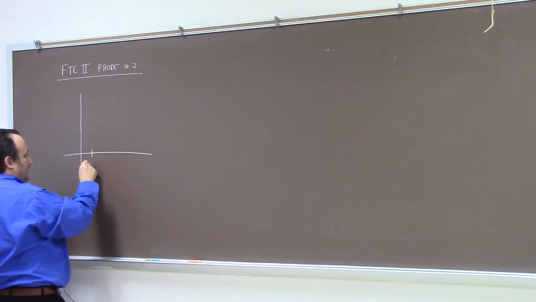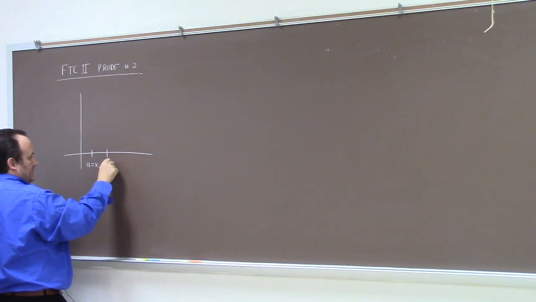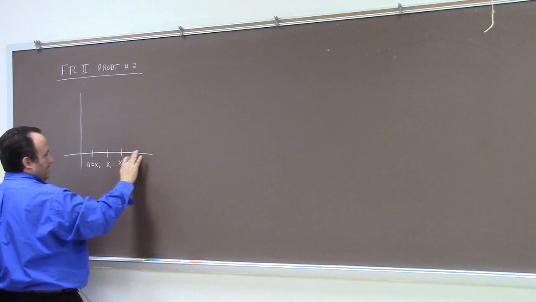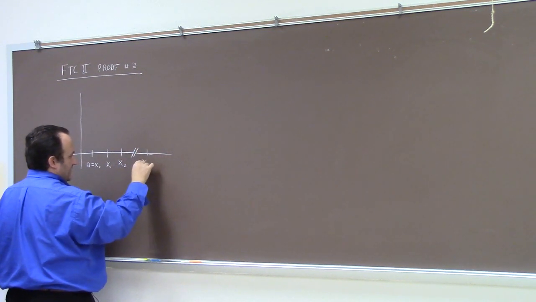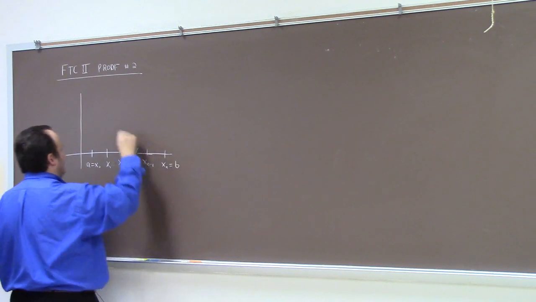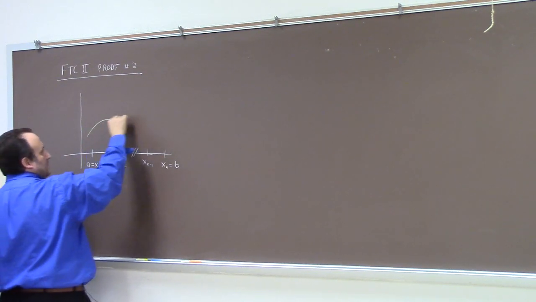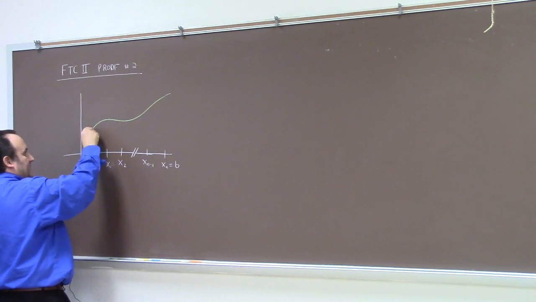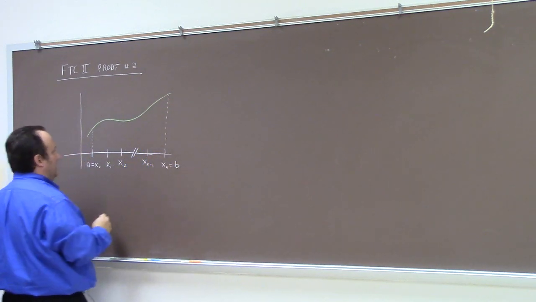So just a reminder, we've got a equal to x naught, and then x1, and the next one, x2. Eventually you get over to x sub n minus 1, xn equal to b, right? The graph of the function is whatever it is, and so we're trying to find the area bounded from a to b, right?